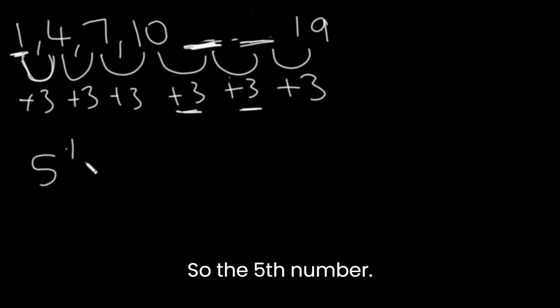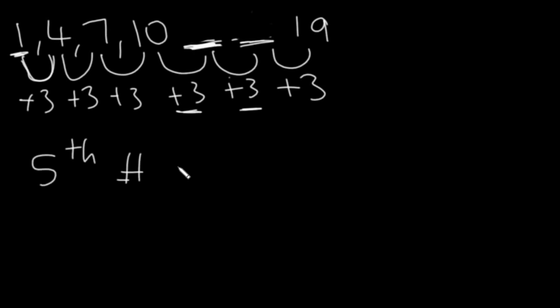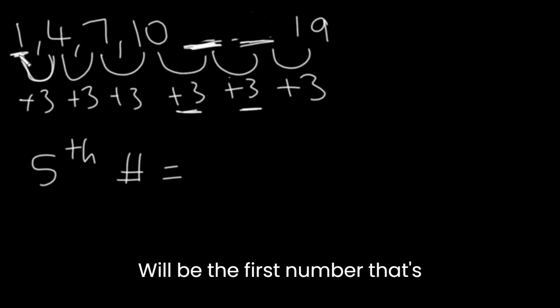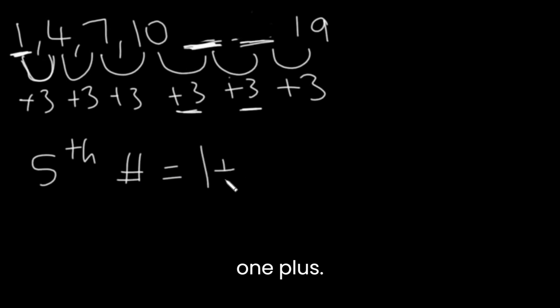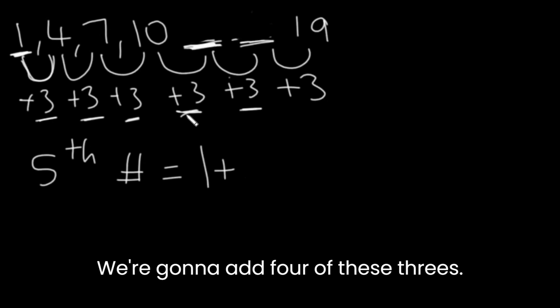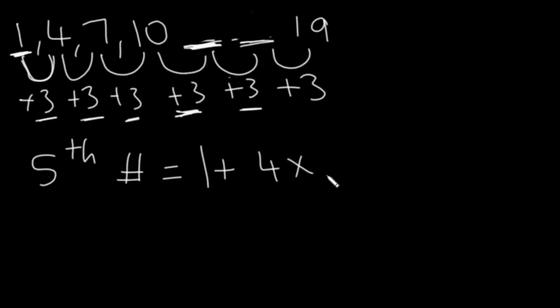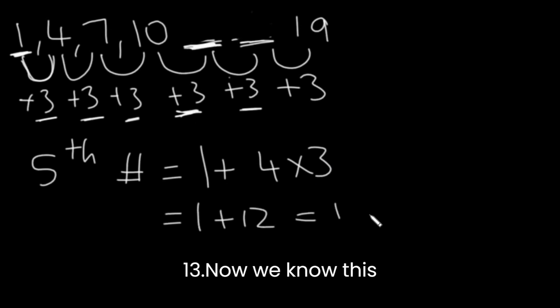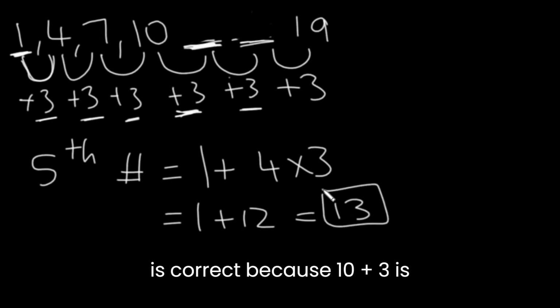The fifth number will be the first number, so that's 1, plus, we're going to add 4 of these 3's. So, this will be 1 plus 12, which is 13. Now, we know this is correct, because 10 plus 3 is 13.